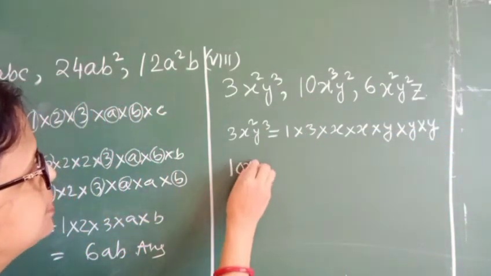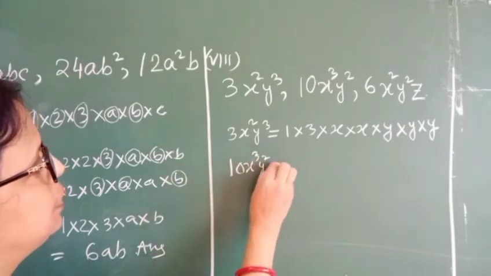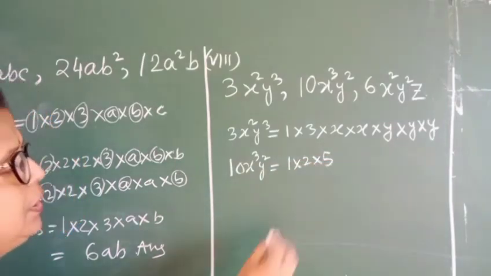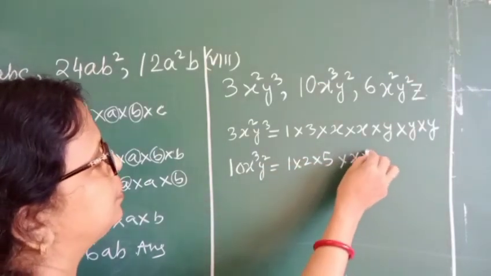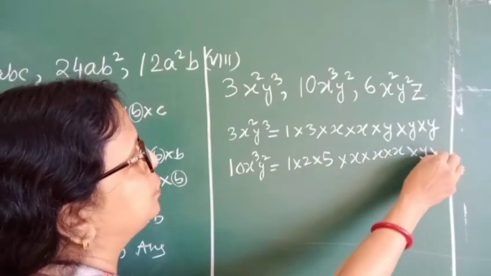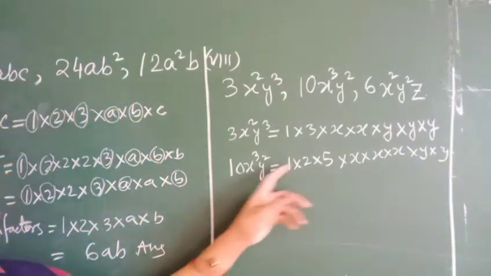Then 10x cube y square. 10 means 1 into 2 into 5. x cube means x will come 3 times, and y square means y will come 2 times.